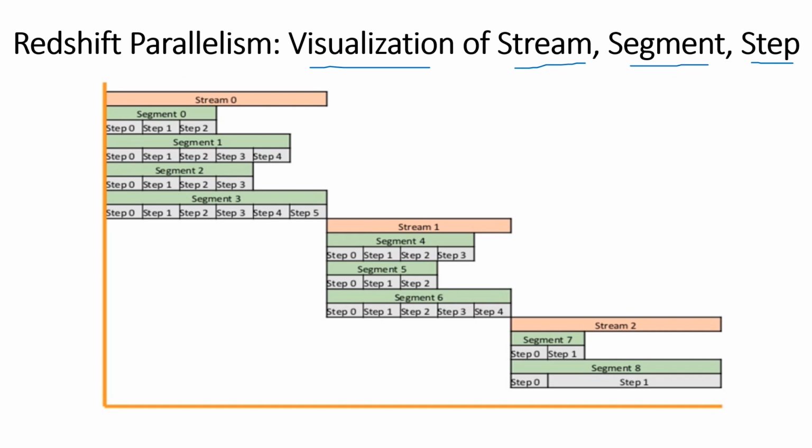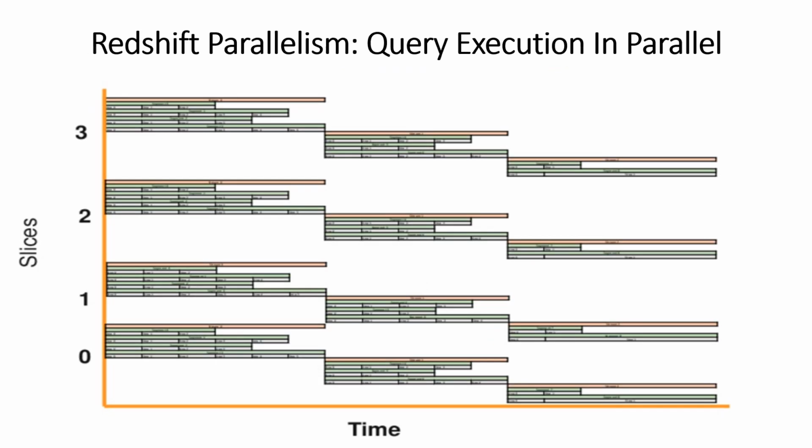As you see, one stream is made of many segments, and each segment is made of many steps. And we have multiple streams that are happening one after each other. This picture shows that different slices are running different portions of a plan at the same time in parallel.